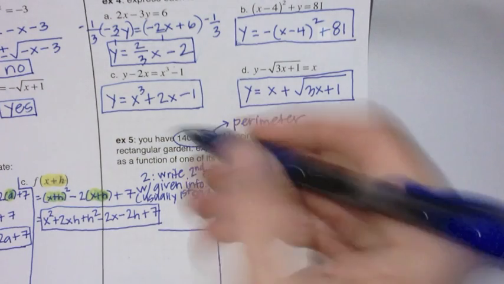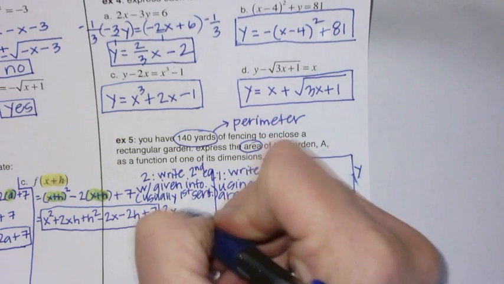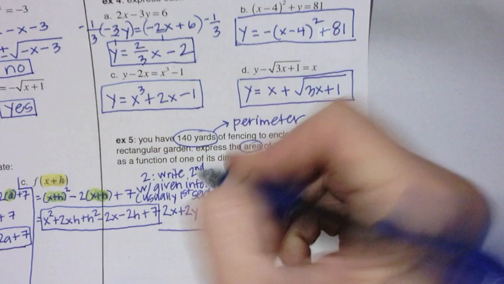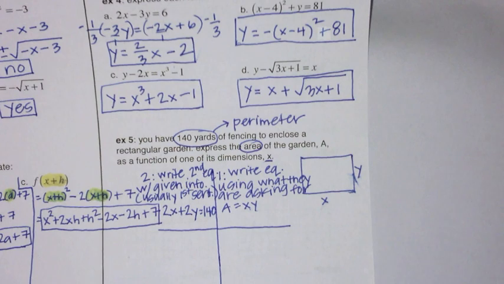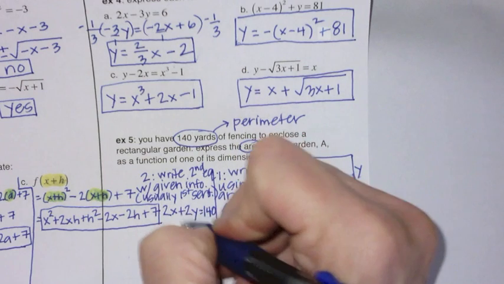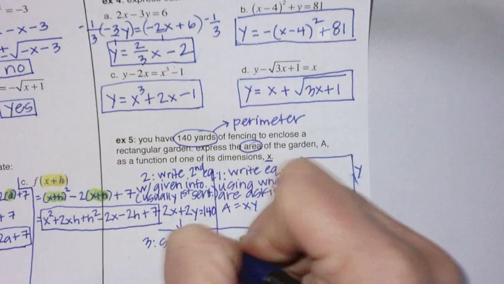Because we are talking perimeter, we know that's 2x plus 2y, and because we have 140 yards of fencing, that's going to be 140 to go all the way around.